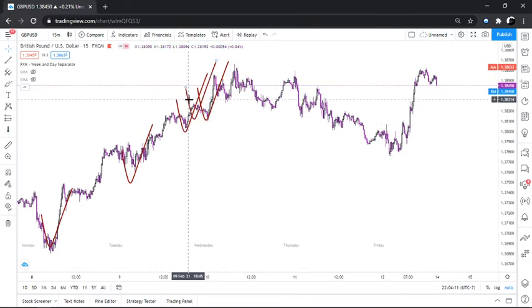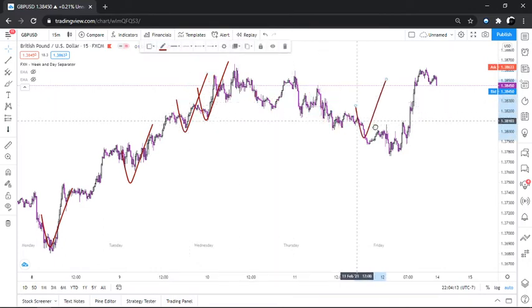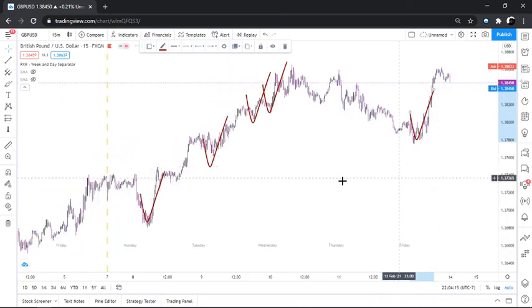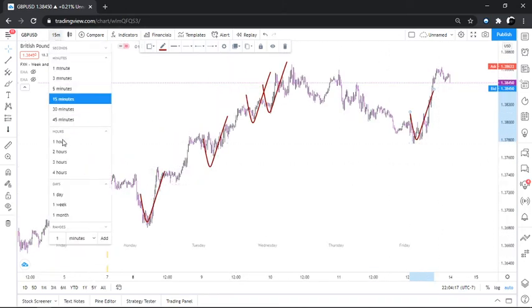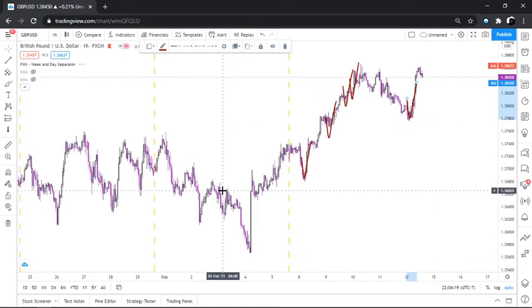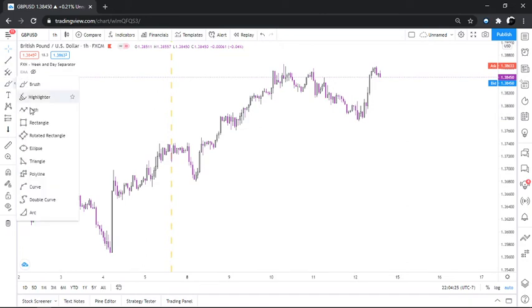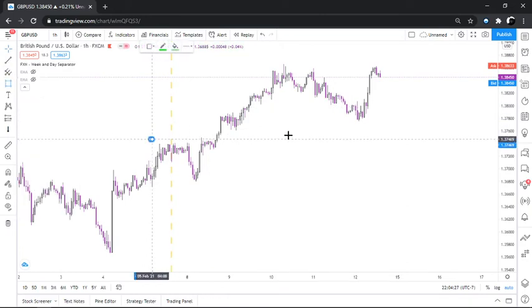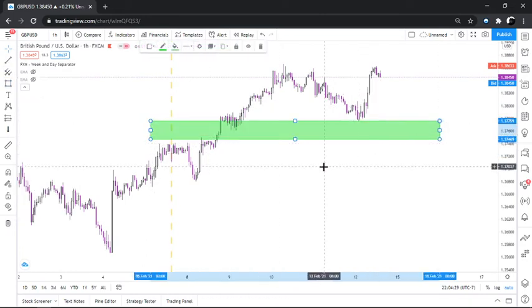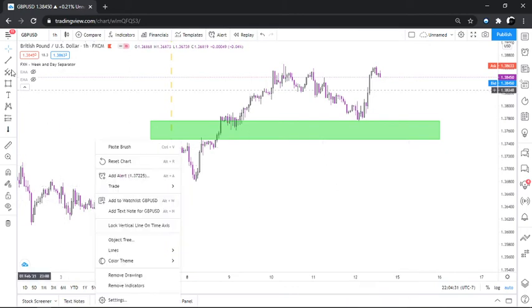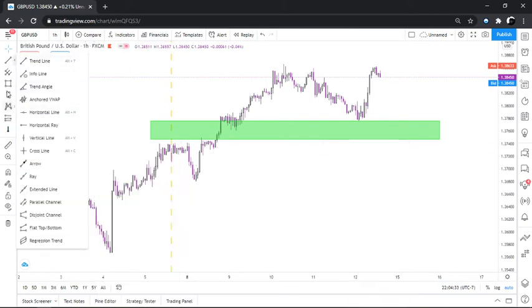And here's how we tie it all together and give you a solid trading plan. That's on the 15-minute, right? Let's go to the hour and find our areas of importance here. So it makes sense to do our drawing.